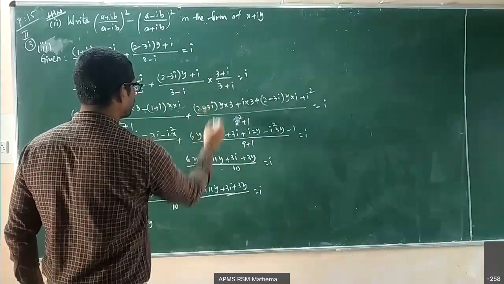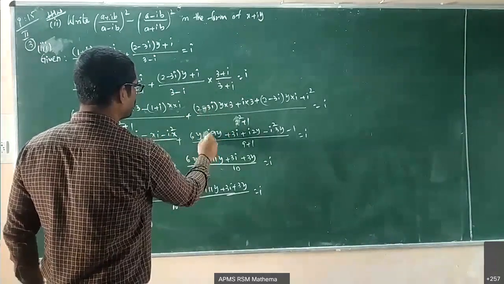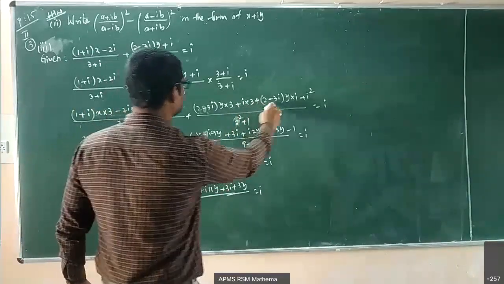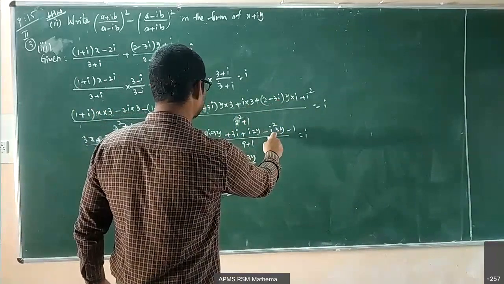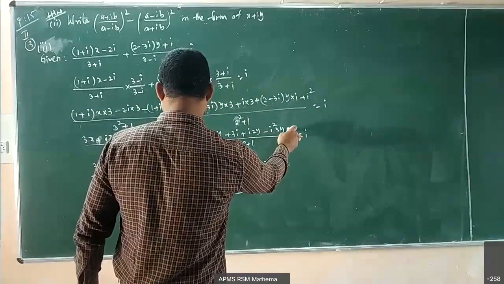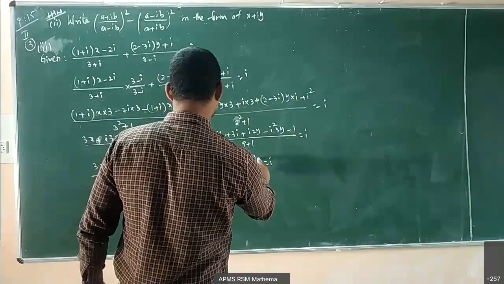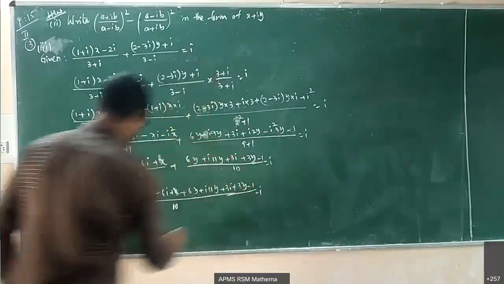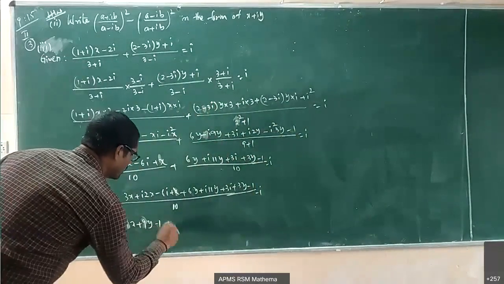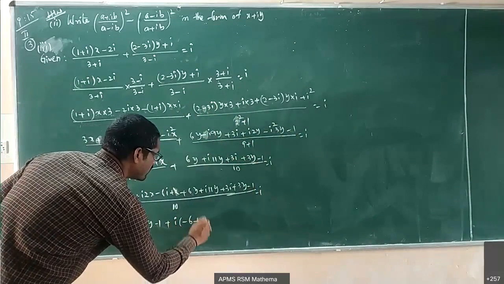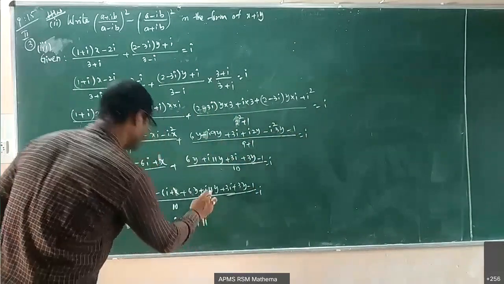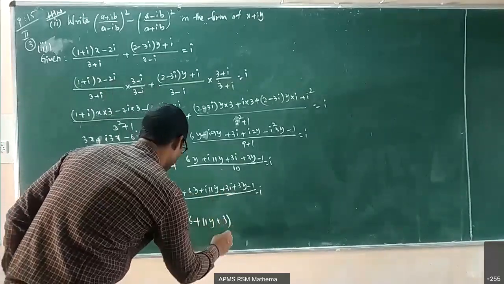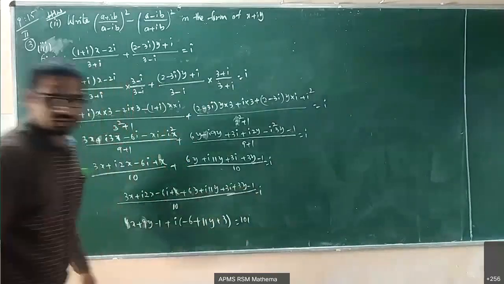Yeah, this is so y minus 1 plus, if I take i common, minus 6 plus 11y plus 3 equals to 10. I transposed 10 to that side. Give me a moment.